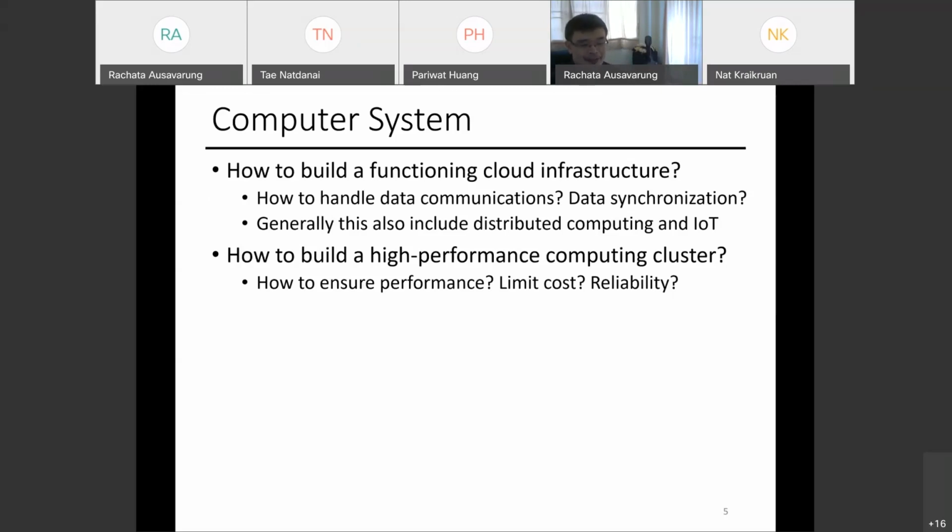So the computer system designer would come in and say, okay, this is how you build a large cluster of computers to handle this case. And one of the good pushes I see in the country so far is, do you know that NECTEC is building, and they finished it now, a center where you can run high performance workloads? It's called Thai Supercomputer.